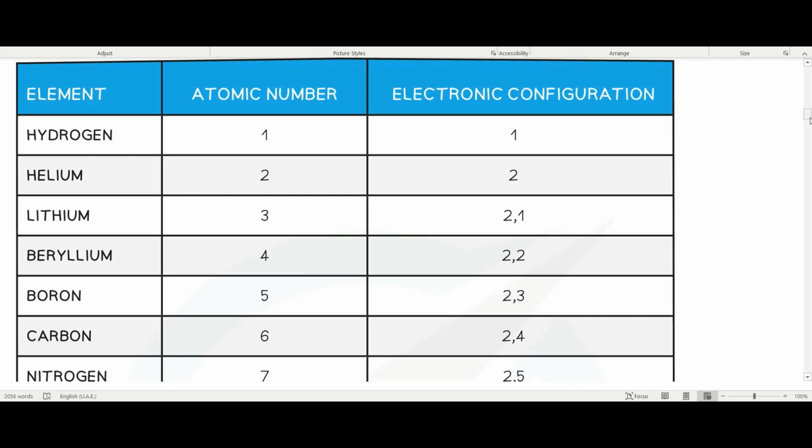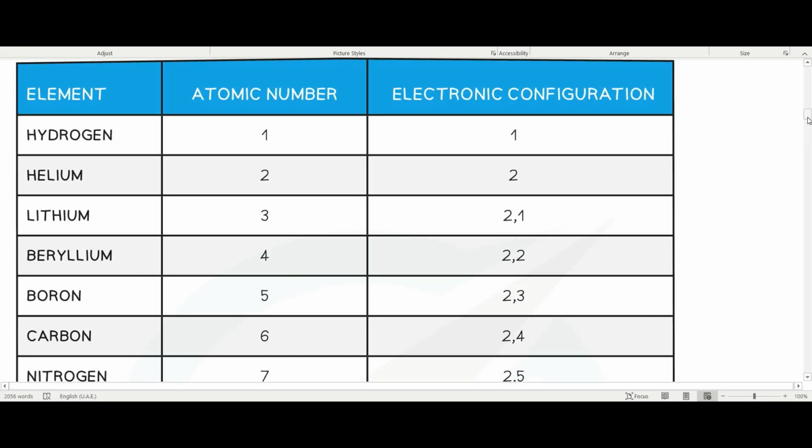Hydrogen has an atomic number of 1. This means it will have only 1 electron in total. Helium has an atomic number of 2. This means it will have only 2 electrons in total, and so on. Now we are talking about beryllium here, and beryllium has an atomic number of 4. This means it will have only 4 electrons in total.